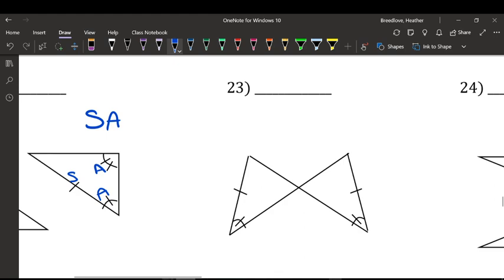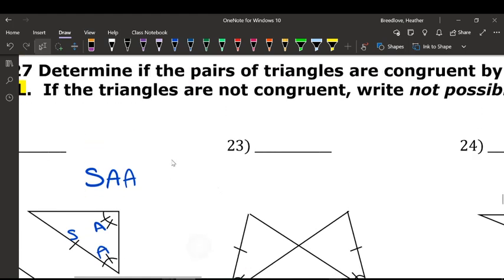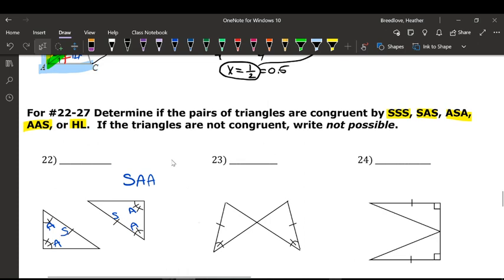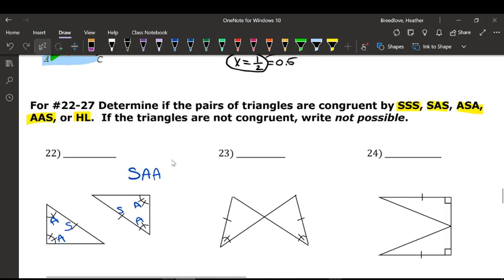Yes. I can put it on this side, right? Because there is nothing touching it, it's touching the area right here. So I have SAA, and then I'm going to look at my postulates. I don't see SAA, but I do see AAS. And so if I were to flip that around, wouldn't it be the same thing? Yes. So is it okay to do that? Yeah. So this is angle, angle, side.